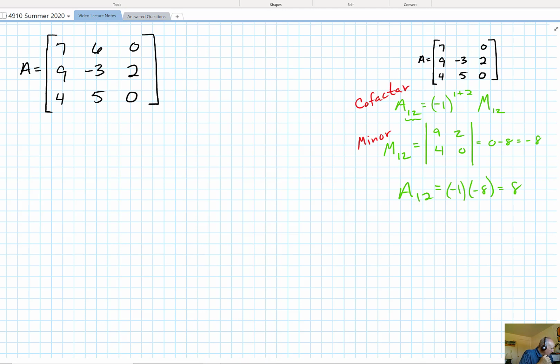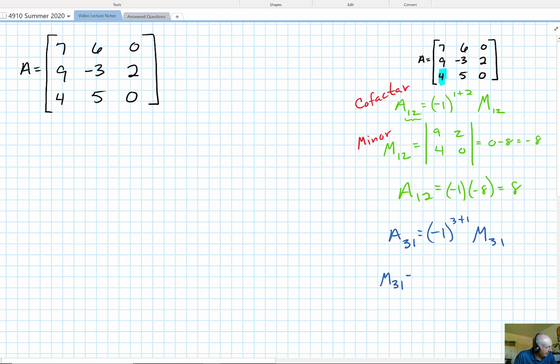Keep that as 6. Okay, so let's find the cofactor of, say, the 3, 1 entry. So we want to find a sub 3, 1. It's going to be -1 raised to the 3 plus 1. So real quick, look at that. That's going to be raised to the 4th power, so that whole term is just going to be 1, times the 3, 1 minor. Now what is the 3, 1 minor?